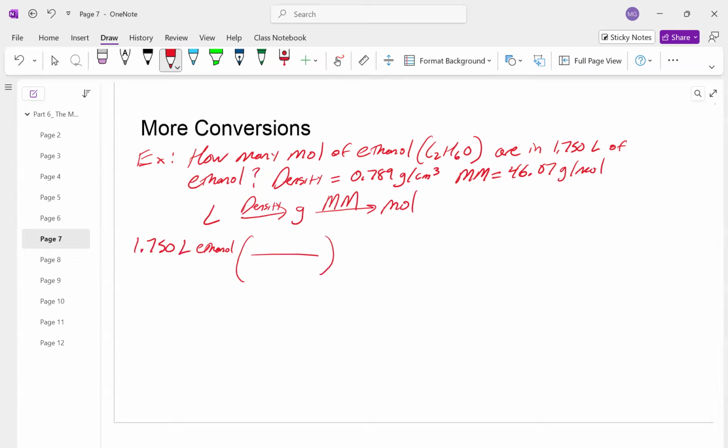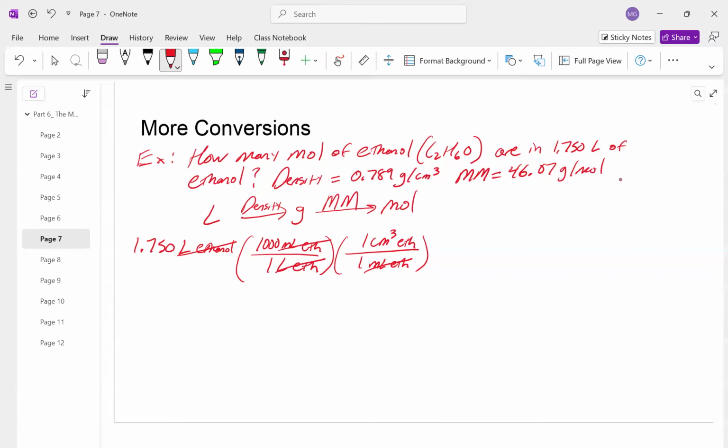I know that I want to cancel out liters. 1 liter of ethanol is 1,000 milliliters of ethanol. So liters cancel out. And I know that 1 milliliter of ethanol is 1 cubic centimeter of ethanol.